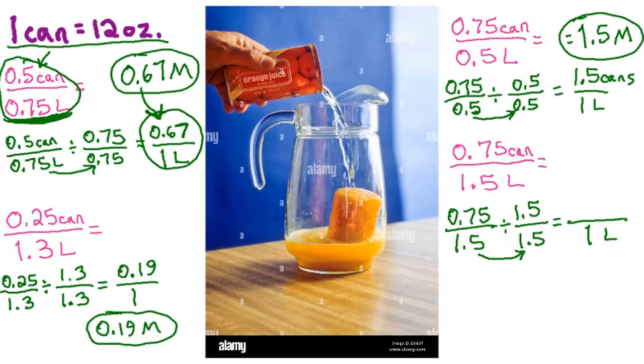And 0.75 cans divided by 1.5 gives us 0.5 cans for every 1 liter of water. So 0.5 cans for every 1 liter of water means that our molarity is 0.5.